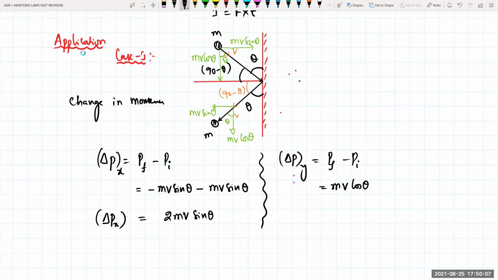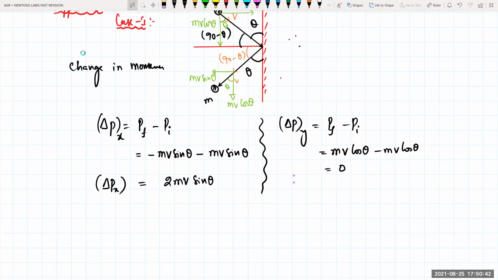So both of them are the same, and the change in momentum along the y-axis will become 0, because both are in the same direction. If there is no loss of energy, this will become 0. Clear?